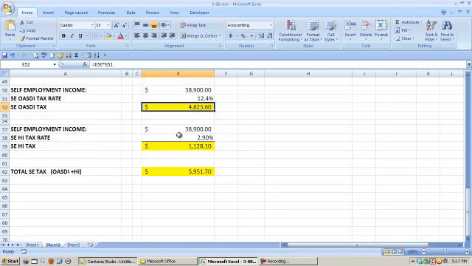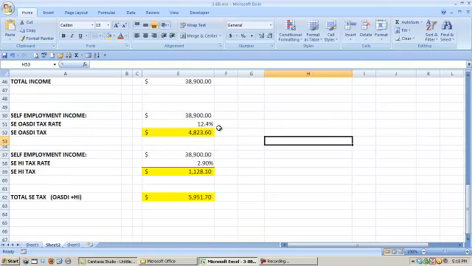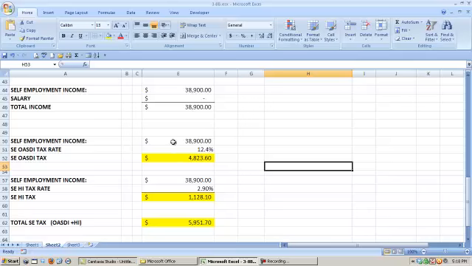There's no maximum here ever. $38,900 times the rate of 2.9% gives us $1,128.10. In this example, his total self-employment tax is $5,951.70, which is comprised of these two pieces. The reason I wanted to show you this problem is so you could see what would happen if he wasn't over the $110,000 maximum.